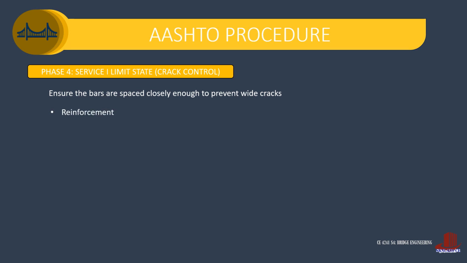Another new parameter is introduced at this point, the fss, or the reinforcement stress, which is computed from the elastic cracked section. The equation is the moment with the service factors all over As with j and d.